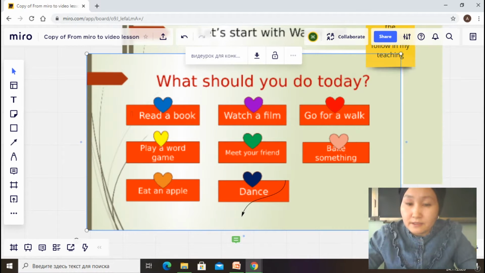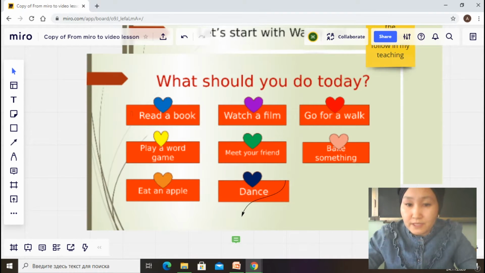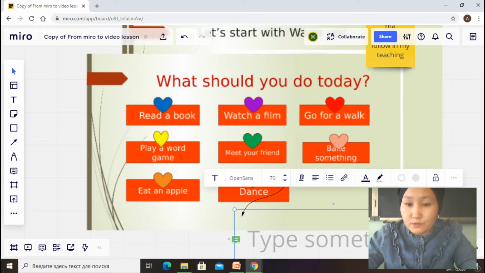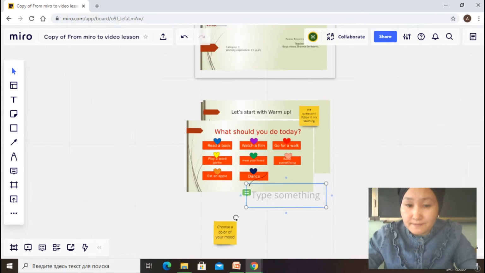The color I have chosen, for example, I have chosen green, and that means what should I do? Let's follow the instructions. What should I do for today? I should meet my friend. By the way, guys, how often do you meet with your friends?